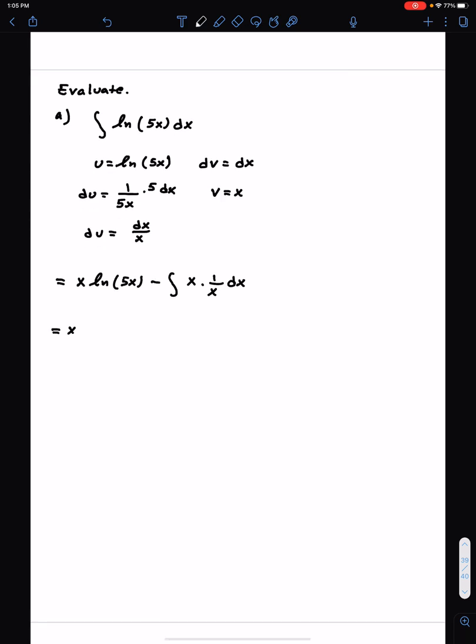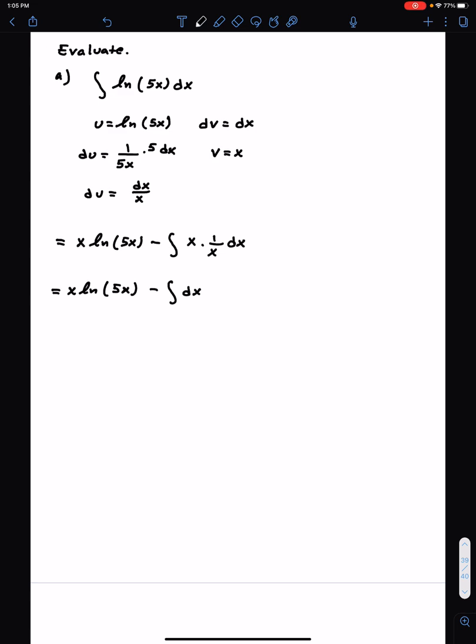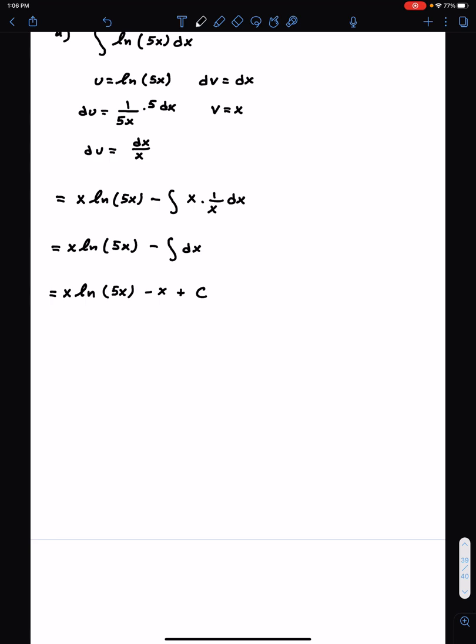So this turns into x natural log of 5x minus the integral of dx, which is just x. So x natural log 5x minus x. There's no more integral sign, so add some constant of integration.